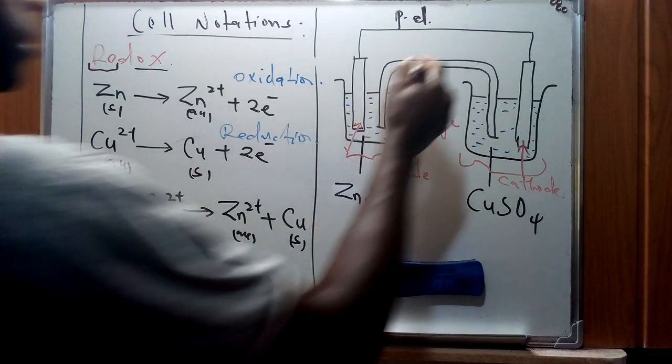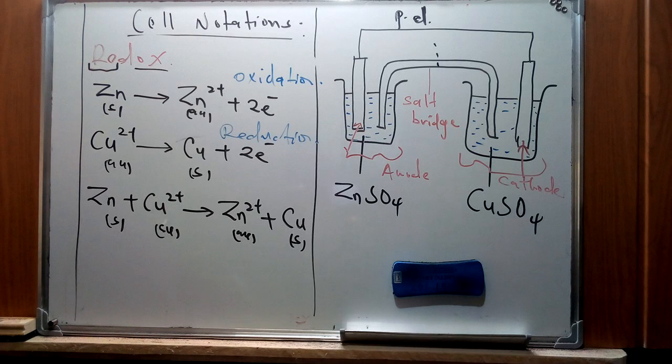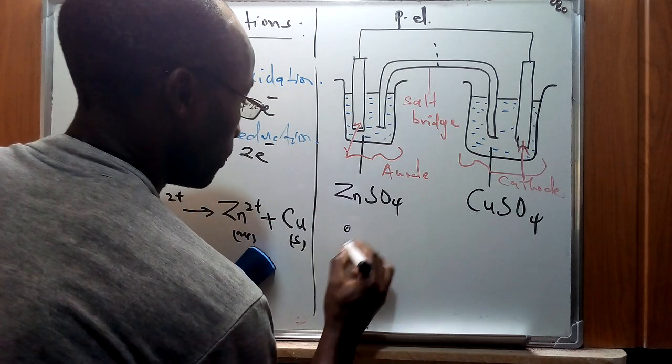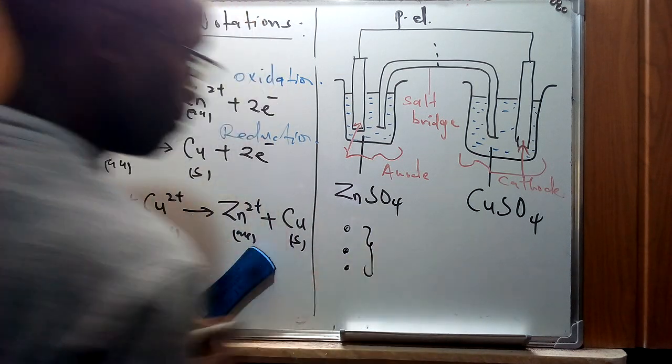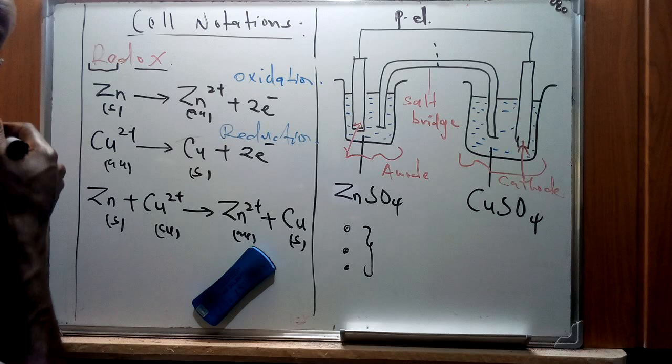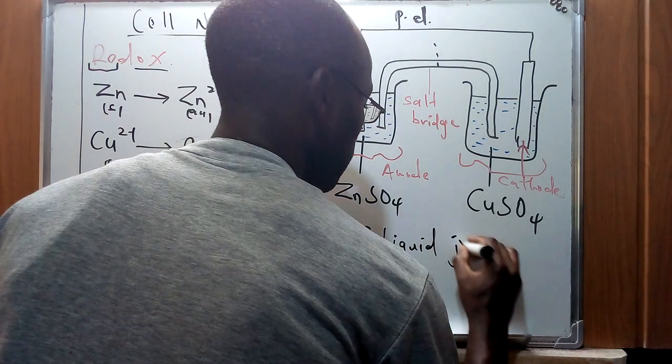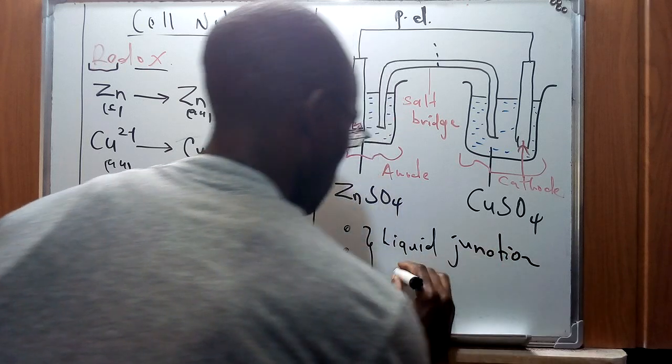So this salt bridge is going to form the bridge between the anode and the cathode, and a potential difference is going to be developed, which is called the liquid junction potential, denoted using these three dots. So whenever we come across those denotations, this is referred to as the liquid junction potential.